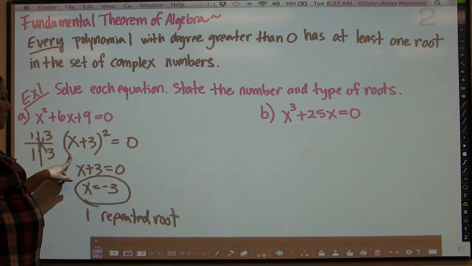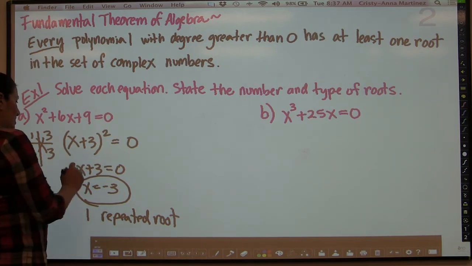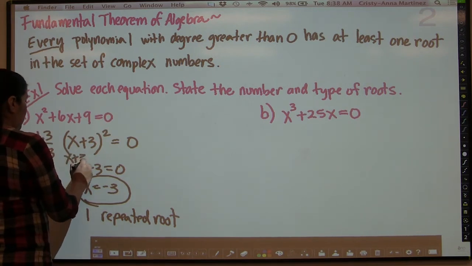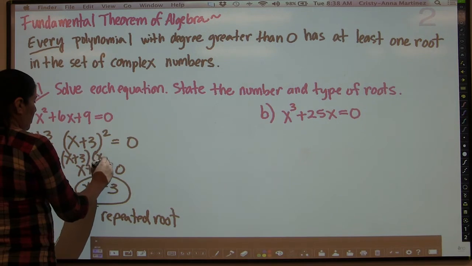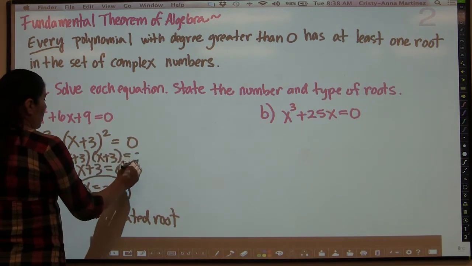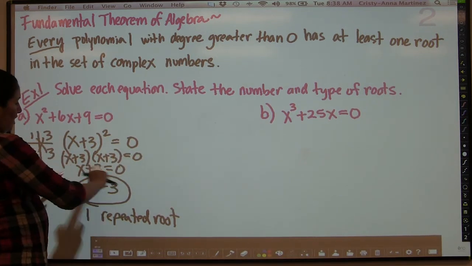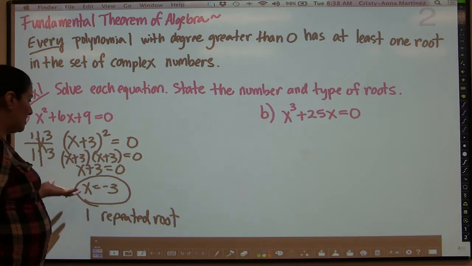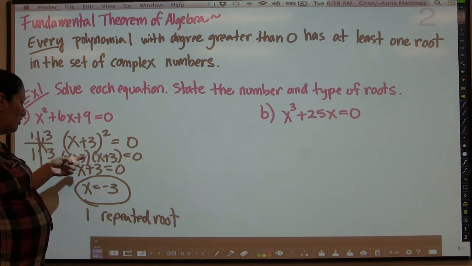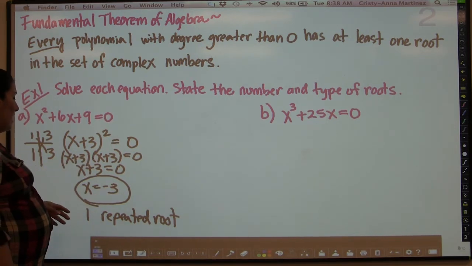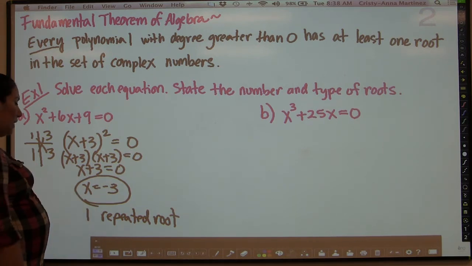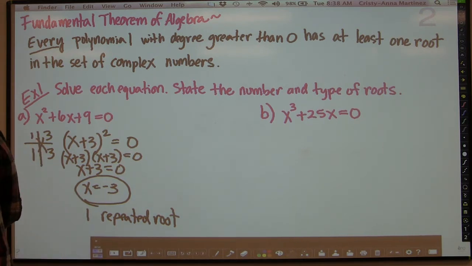When you see x plus 3 squared equals 0, it's saying x plus 3 times x plus 3, and when you have two factors, you make each one separately equal 0. But in this case, I only had to do it once because they both give me the same result. So you have what they call a repeated root. You have one real repeated root, which is negative 3. Sometimes we refer to that as a double root.